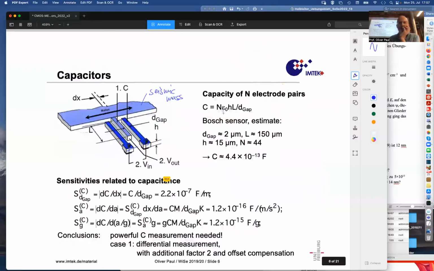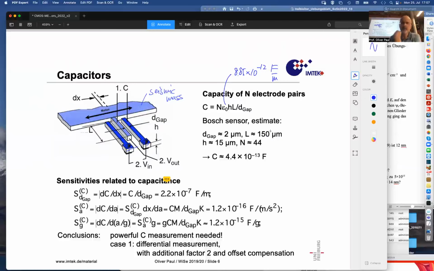N is 44. Epsilon 0 is how much? That's the permittivity of vacuum, 8.85 times 10 to the minus 12 farad per meter, I think. And then we have our dimensions. L is now 150.